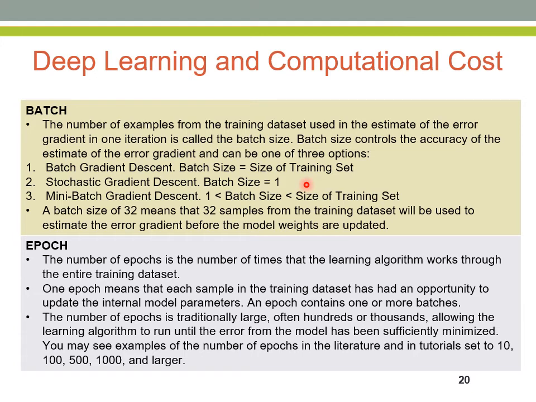Lastly, we have the most popular option, the mini-batch gradient descent, in which we specify a batch size that is typically a good divisor of our dataset, that is, a number by which we can comfortably divide our total number of tuples. As you can see in the gray box here, the number of epochs, that is, the total iterations through the entire dataset, is traditionally large, until we have sufficiently minimized, that is, optimized, the error in our model.